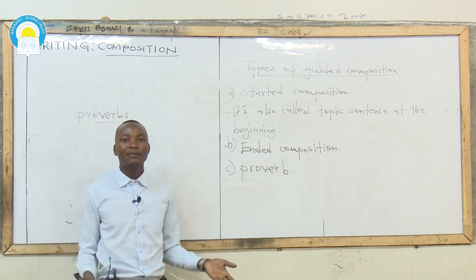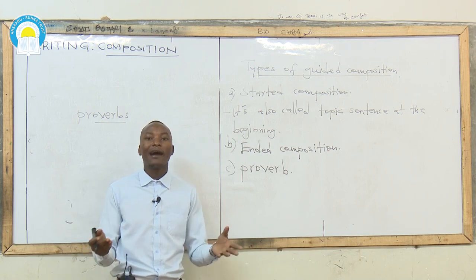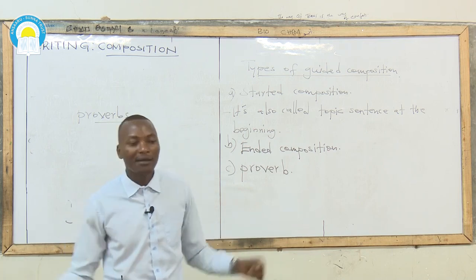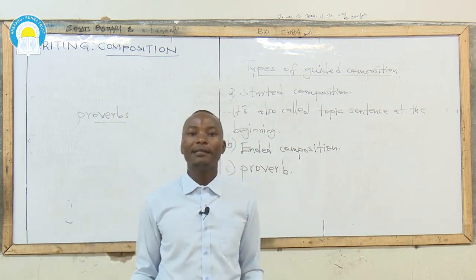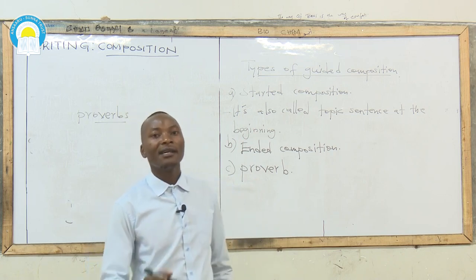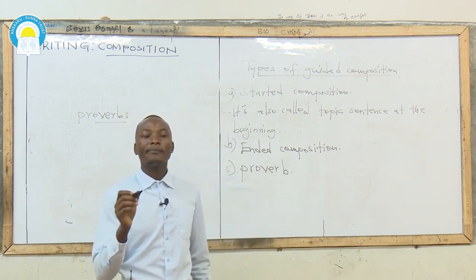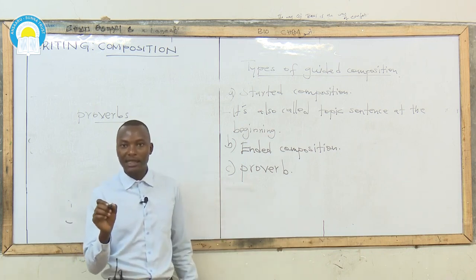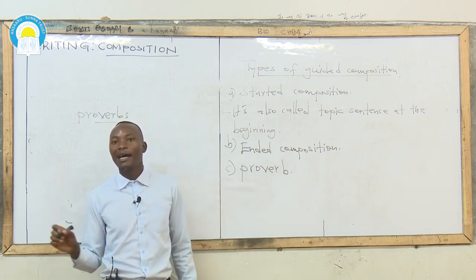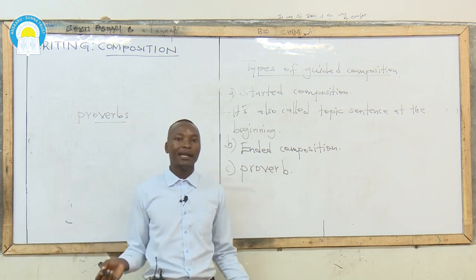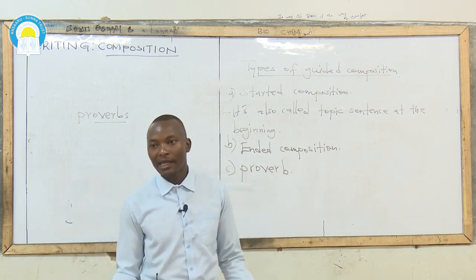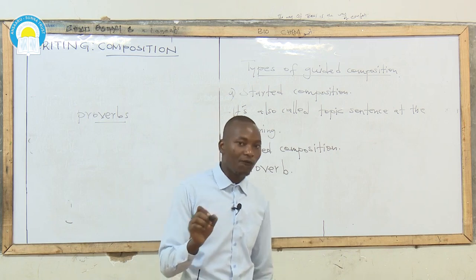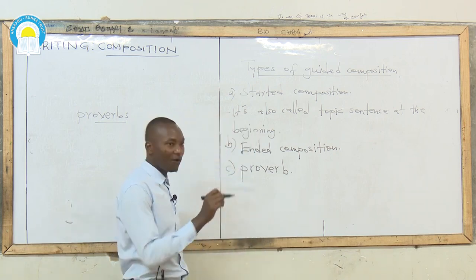Examples of proverbs: hurry, hurry has no blessing; better late than never; slow but sure like the tortoise; a stitch in time saves 9; once beaten, twice shy, and so on and so forth. So those are examples of proverbs.